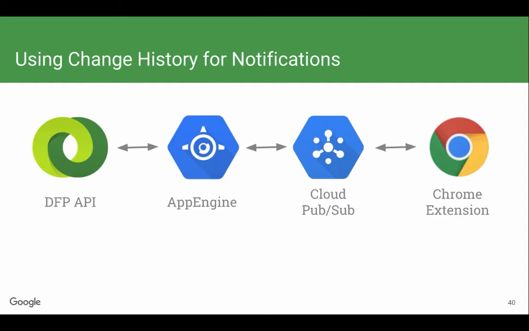If you're familiar with Kafka or the publisher-subscriber programming concept, it's essentially an abstraction for messaging, so you don't have to worry about the details of delivering messages between multiple applications. You just publish a message and all of the subscribers get the notification. One of the subscribers that I created was a Chrome extension that will show that notification.